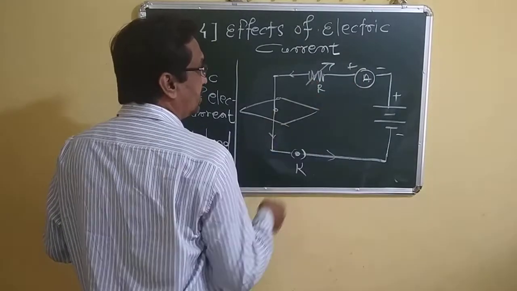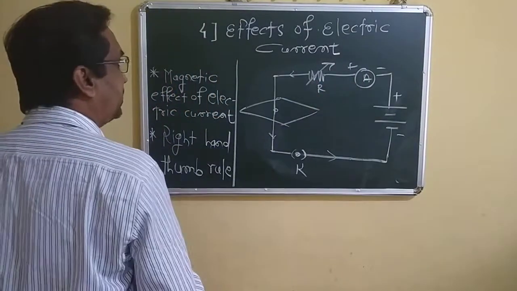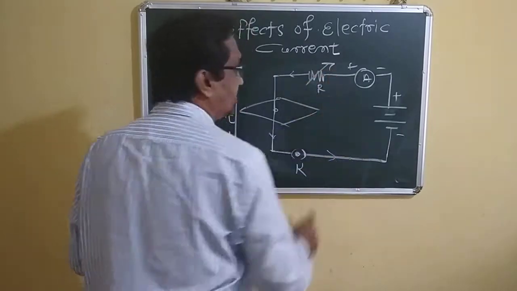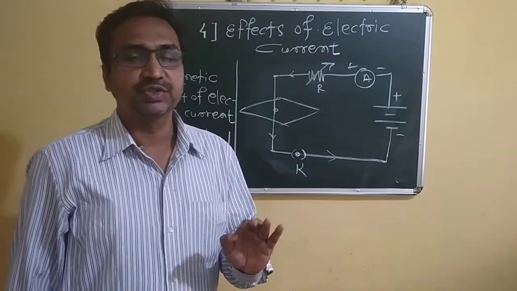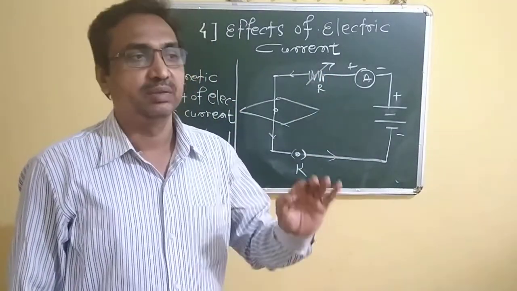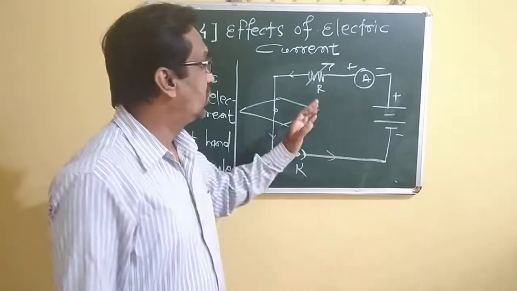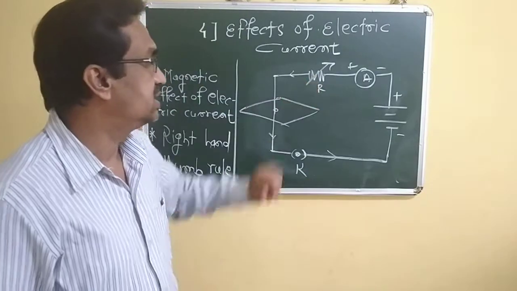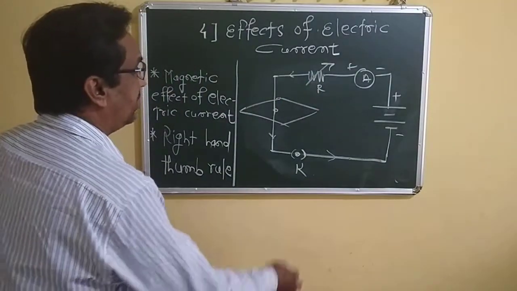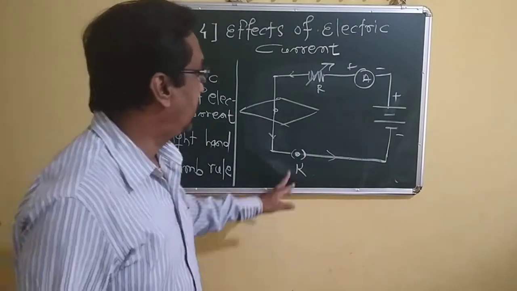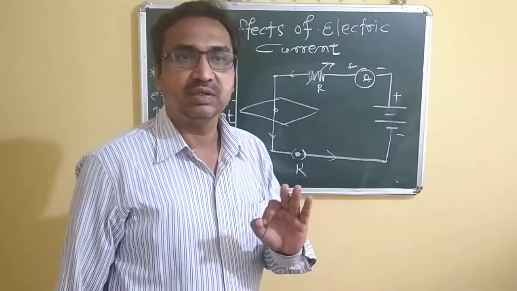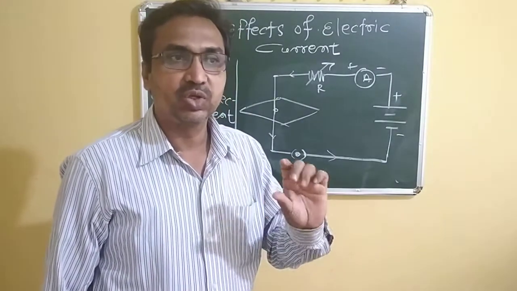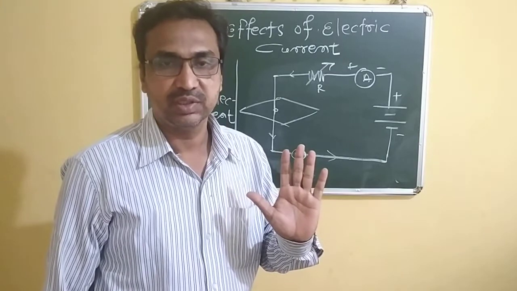The rheostat is the device which can control the magnitude of the electric current, so we have to utilize this. And the key is the device which closes and opens the electric circuit.